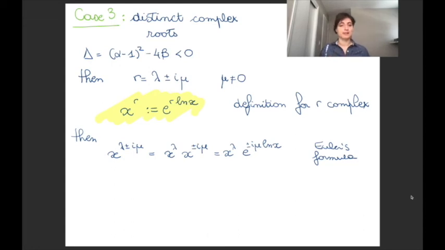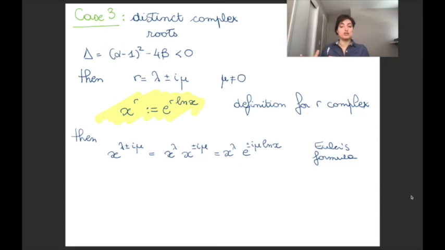If we define things like that, then we can write x to the power lambda plus or minus i mu as x to the power lambda multiplied by x to the power plus or minus i mu. Then that is x to the power lambda exponential of plus or minus i mu times logarithm of x.